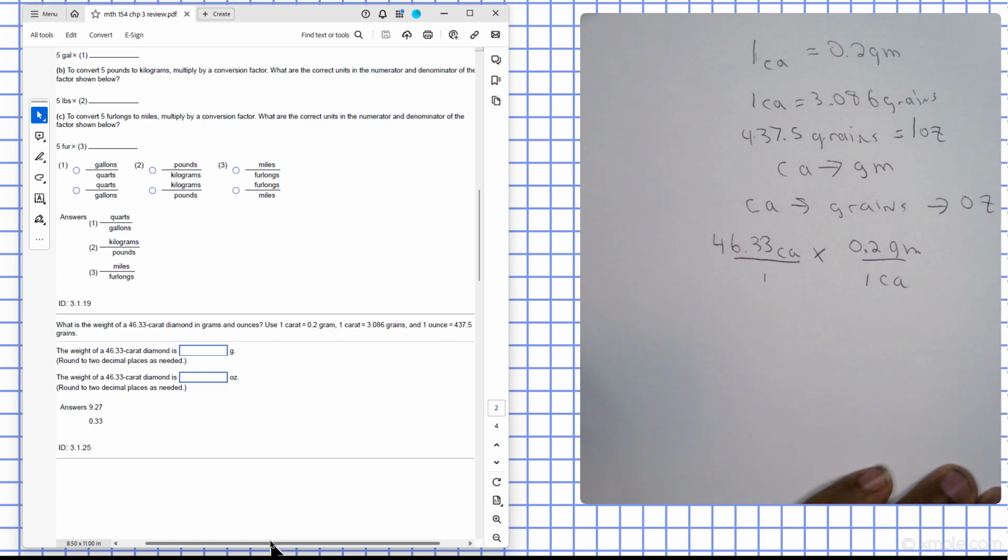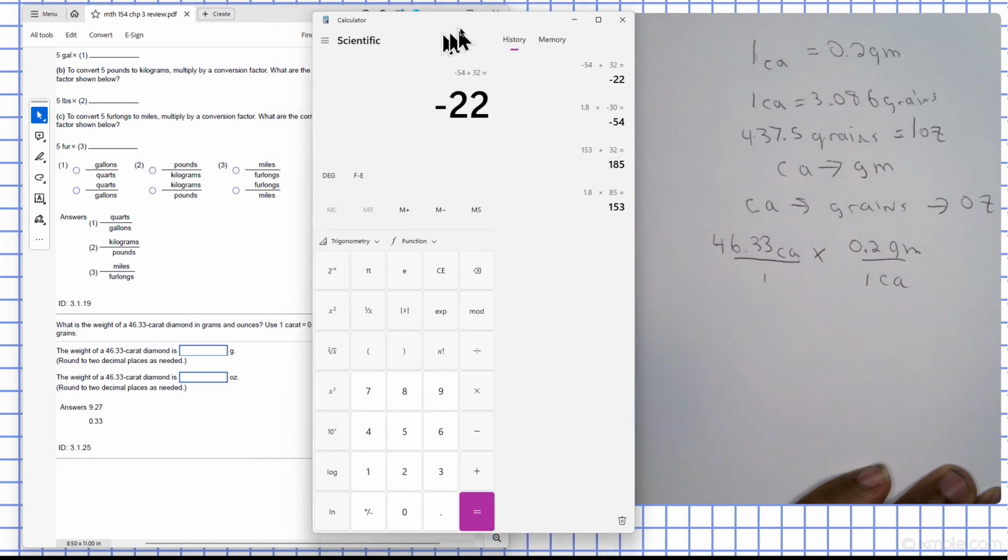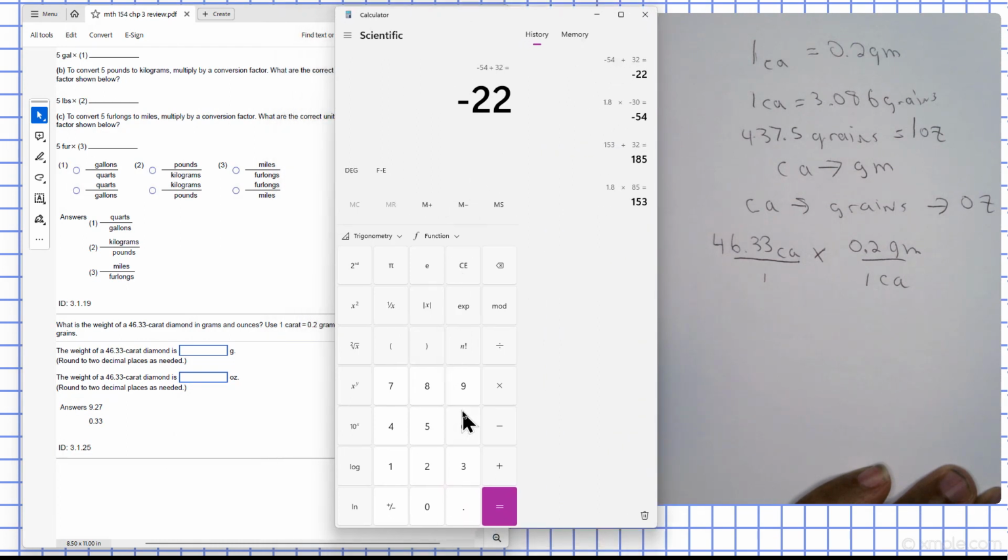So we can multiply those two together. 46.33 times 0.2 gives me 9.27 grams.